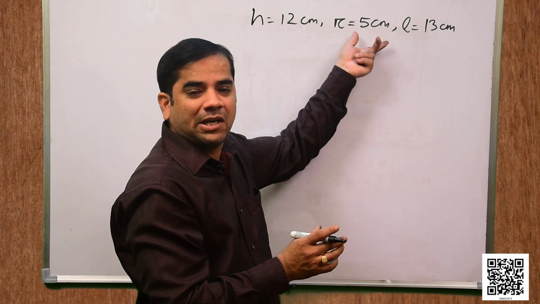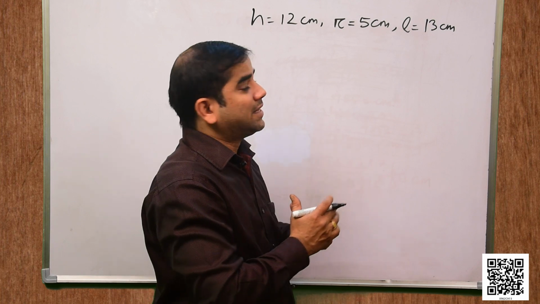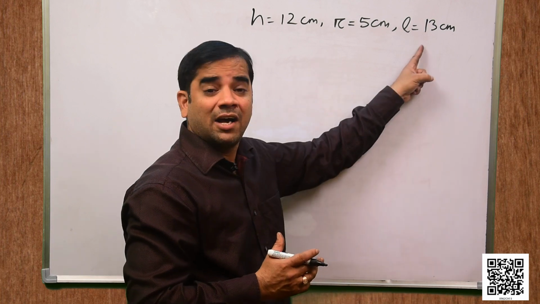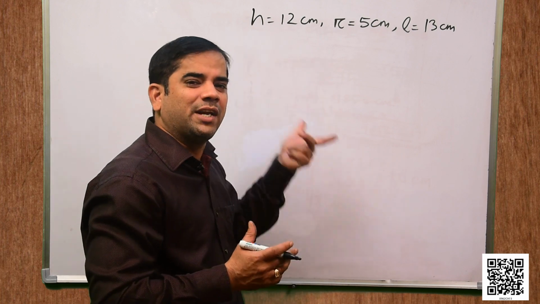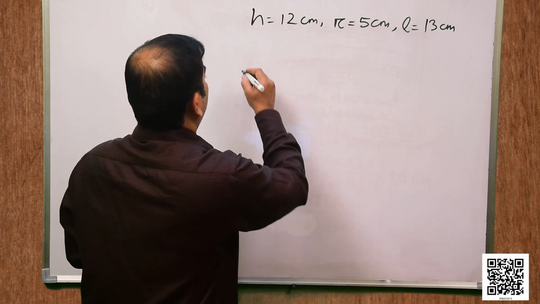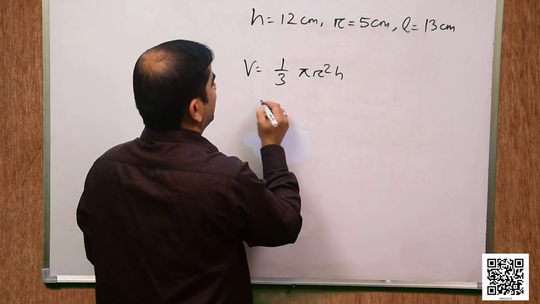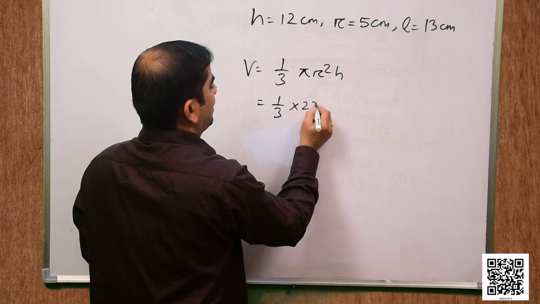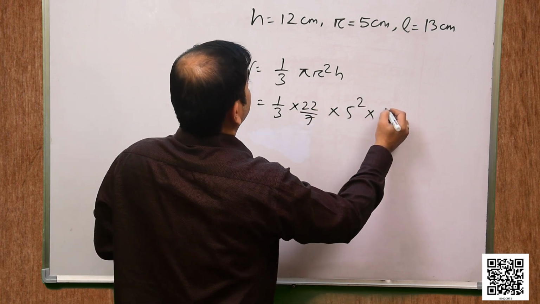Now, the base becomes the radius of the base of the cone. The slant height is nothing but the hypotenuse of the right angle triangle, and the height, that is 12 centimeter, is fixed. Now, volume is equal to 1 by 3 pi r square h, that is 1 by 3 into 22 by 7 into 5 square into 12.